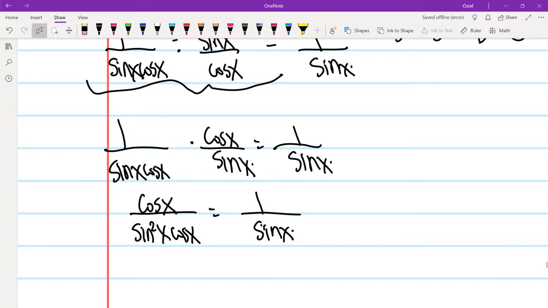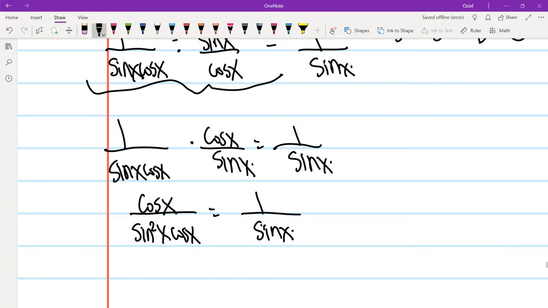I'm going to try to see if I can do it. So we have cosine of x over 1 minus cosine squared of x times cosine of x, but then again that wouldn't work.